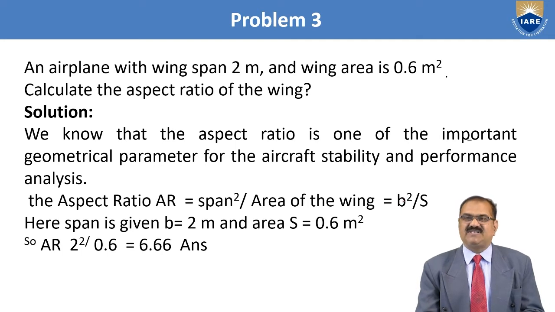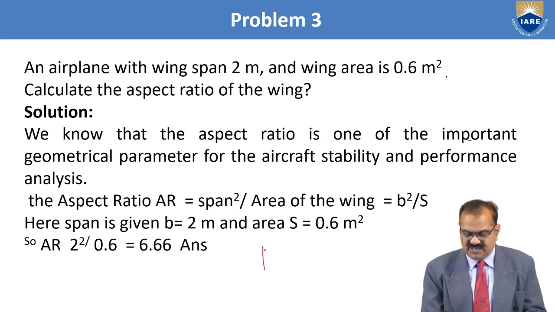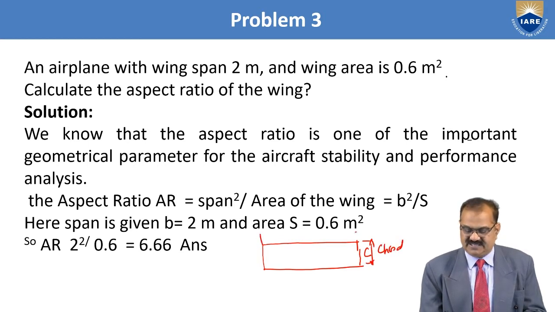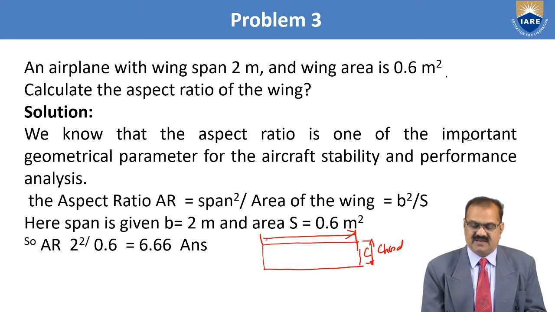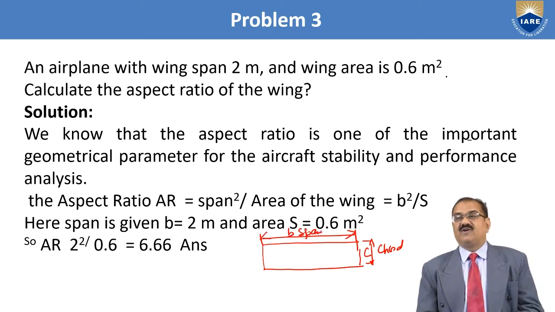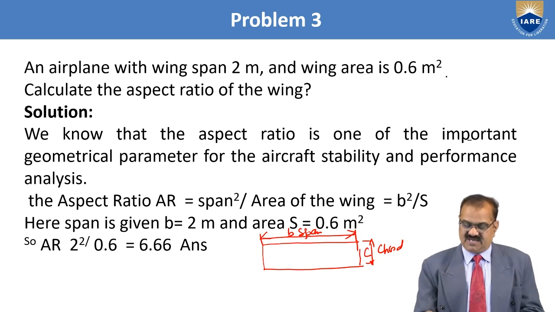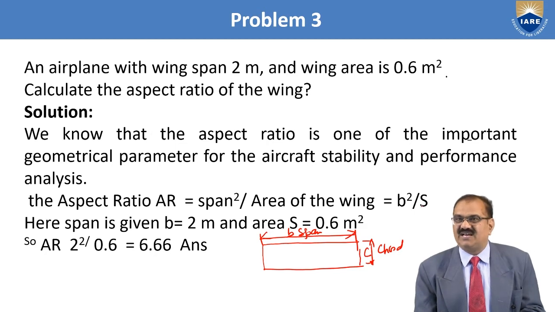Span is represented by B, so B square by S. If you have a rectangular wing like this, this is the chord C, and this is the span B. So the aspect ratio is B square, meaning span square, divided by area of the wing.